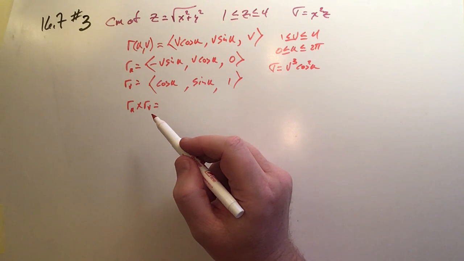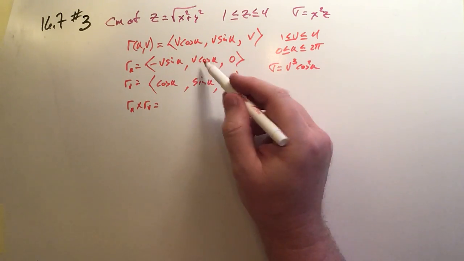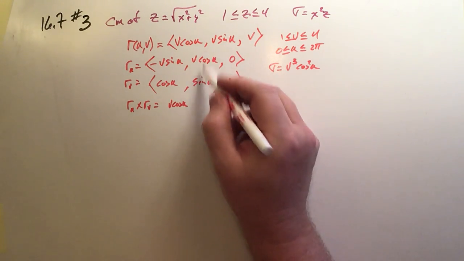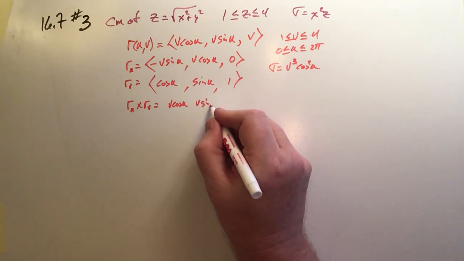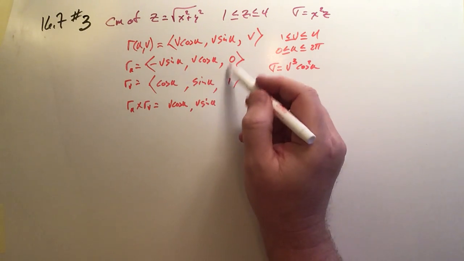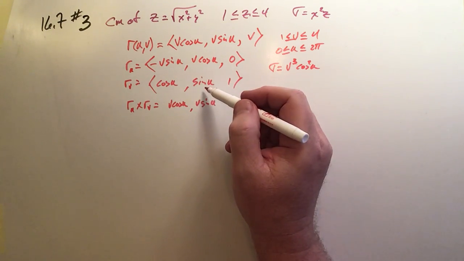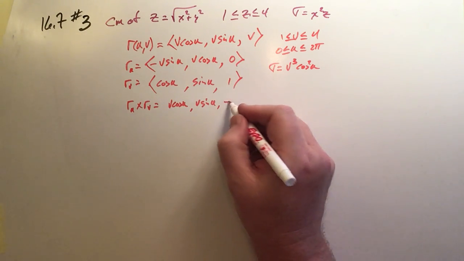The i component is going to be v cosine u. The j component is going to be v sine u. And the k component is going to be negative v sine squared, negative v cosine squared, so that's just negative v.